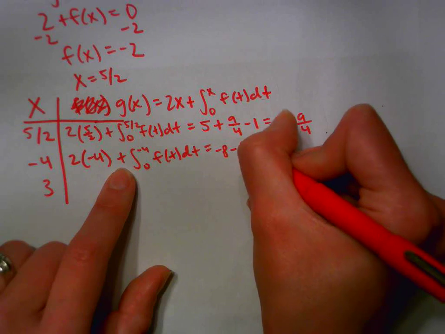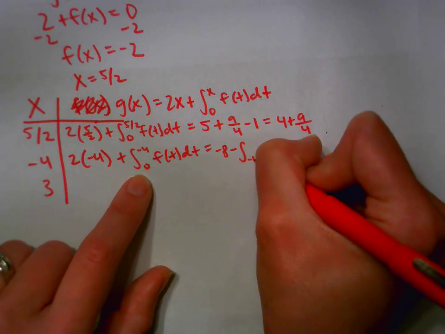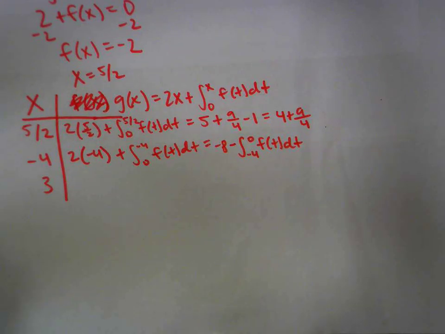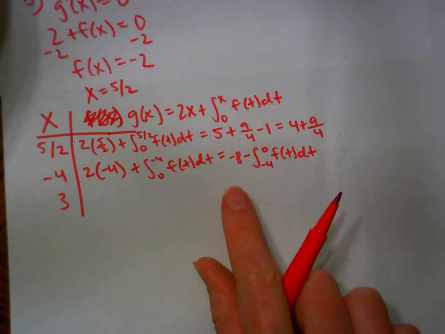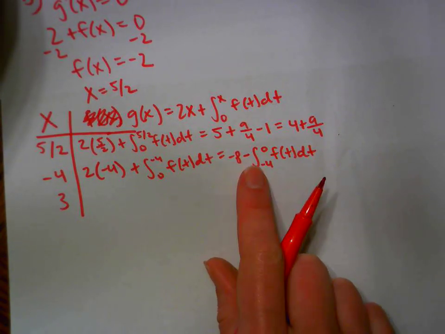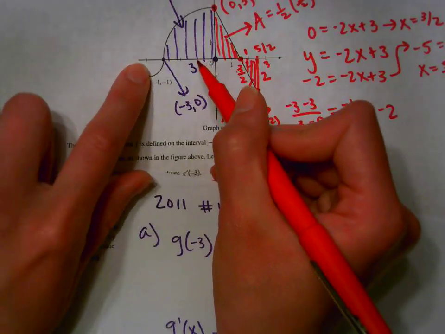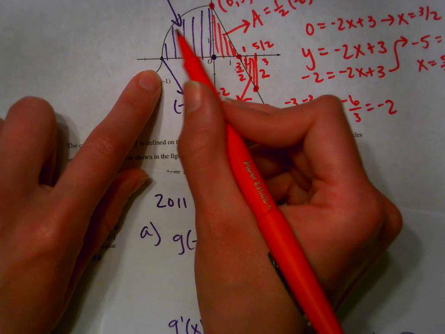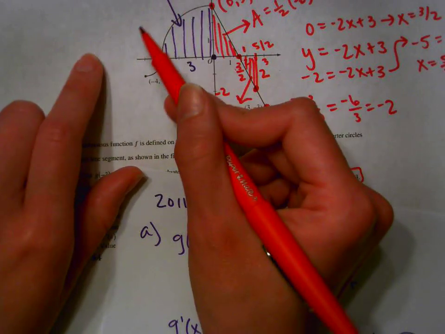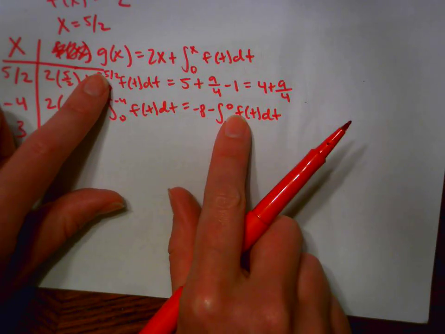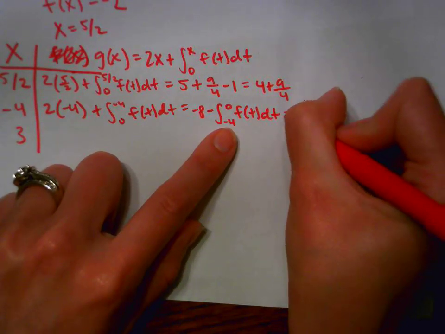So that'd be minus the integral from -4 to 0 of f of t. It's already a -8, and then you're subtracting the integral from -4 to 0, which does have some negative area, but it has more positive. So that integral as a whole is going to be positive, correct? That means we're subtracting a positive, so that's going to get even more negative.